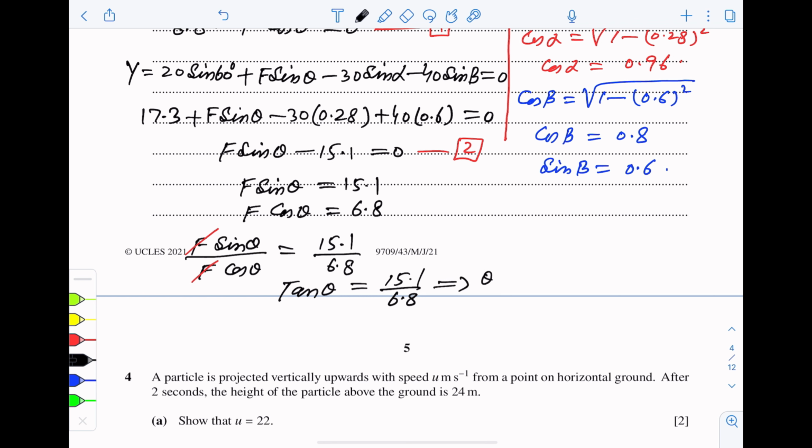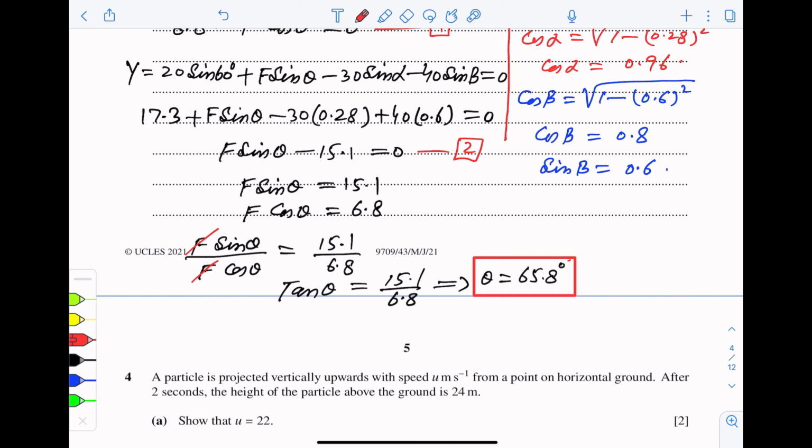Theta is equal to tan inverse of 15.1 over 6.8, and we get 65.8 degrees. This is the value of theta we have found.